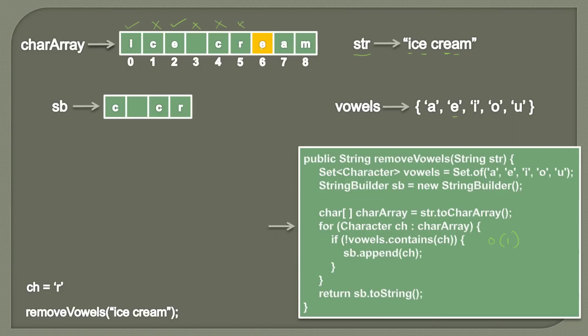The seventh character is E. E is a vowel, so vowels.contains will return true, and if we negate it, this condition will become false. So we'll simply skip E because E is a vowel. Now we will take the eighth character, which is A. A is a vowel, so we need to skip it.